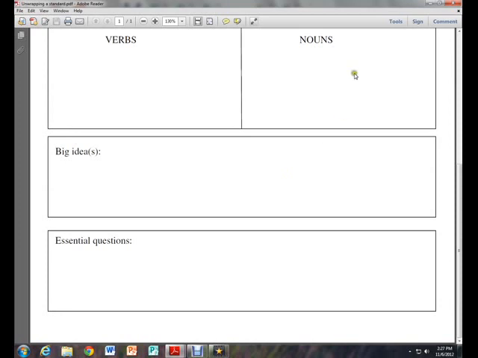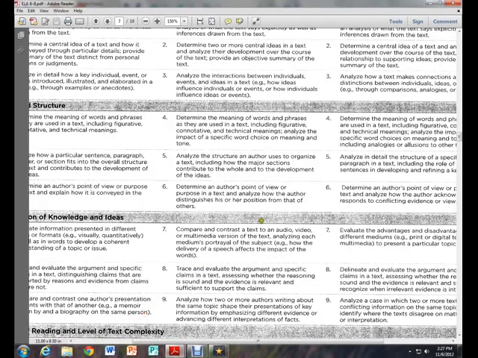So after finishing up our nouns and our big concepts, we're going to go right into our big ideas. And the big ideas are going to be the transferable pieces of information and skills that are going to go across content areas. So if we go back to our standard and we look at what are the big ideas of this standard, we really talk about words and phrases as a part of a text and ultimately determine the meaning of those words and phrases as a part of that text.